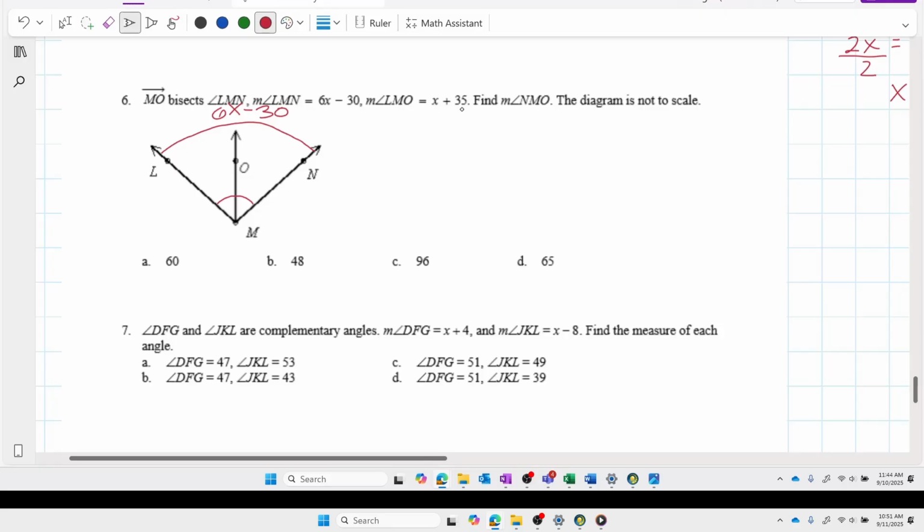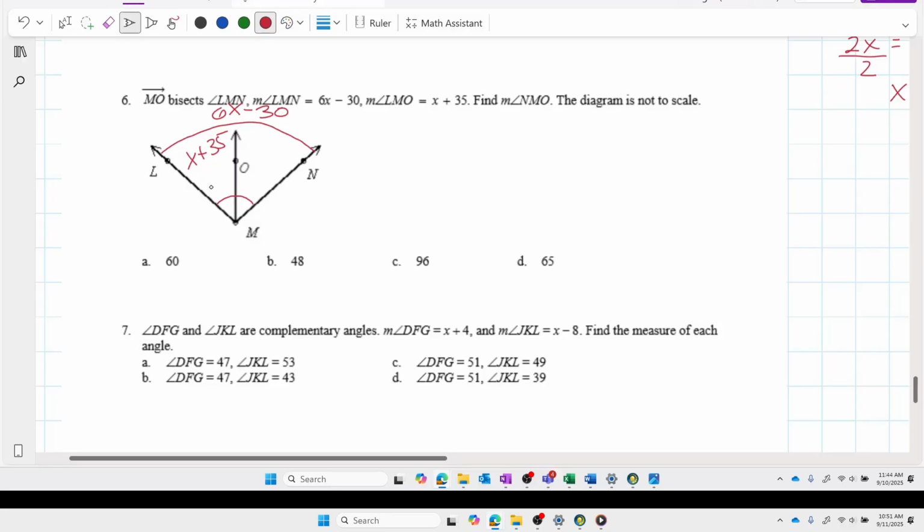LMO equals x plus 35. So LMO is x plus 35. Find the measure of LMO. So it's this other angle on the right.